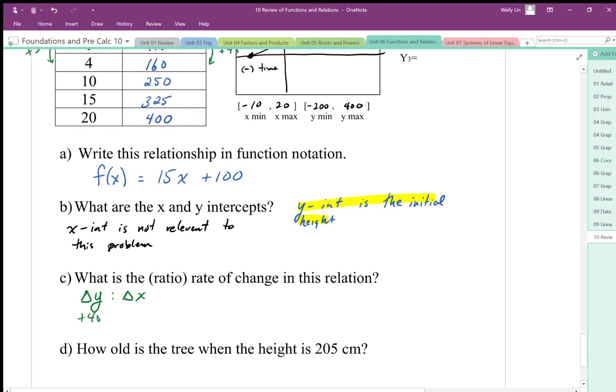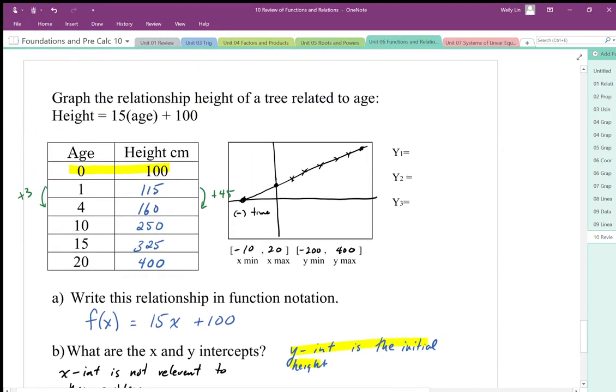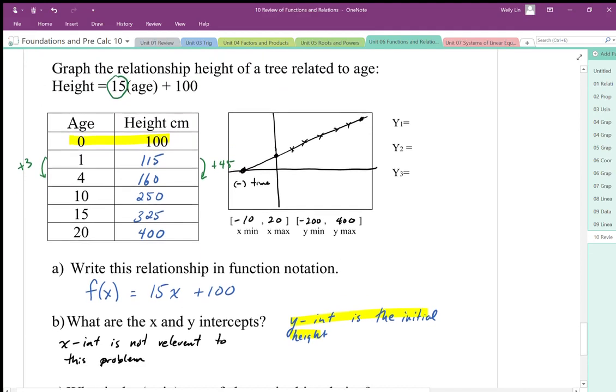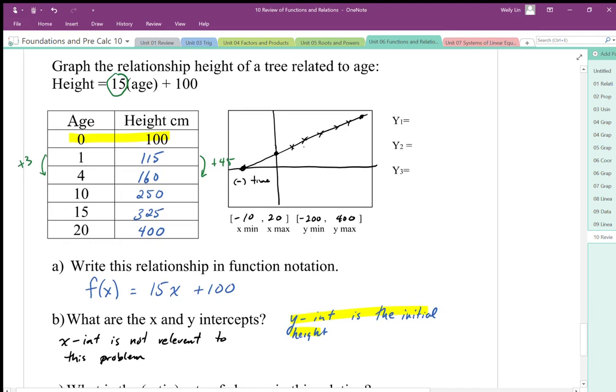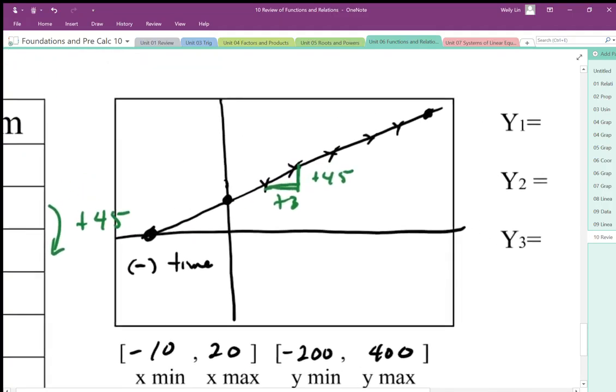It's plus 45 centimeters for 3 years. And if I simplify it, it's plus 15 centimeters per year. And again, we want to relate that plus 15 centimeters per year as the multiplier, and it will show up as slope. So in this case here, it might be like plus 3, plus 45, and shows up as the slope ratio.